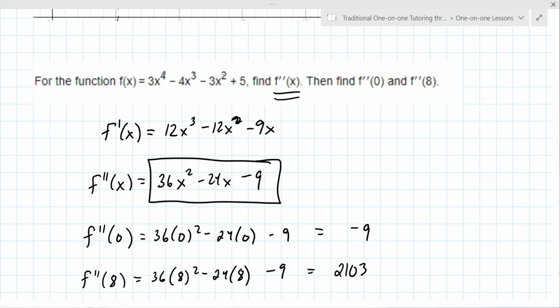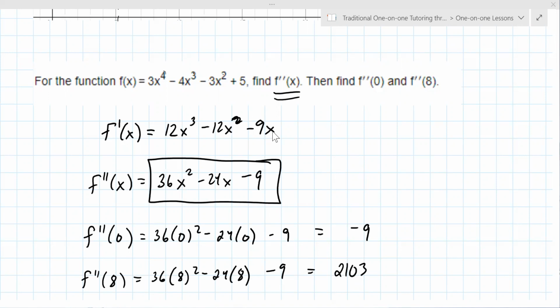Let me just do a couple other checks here. Yeah, that's what I got too. Oh, good. Oh, there, I made a mistake.